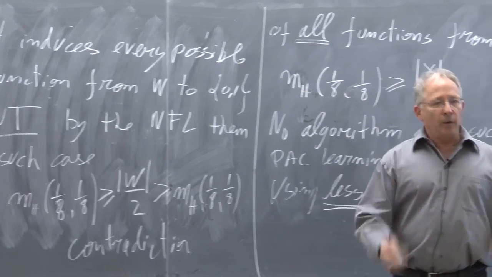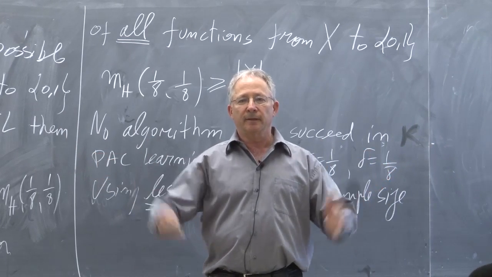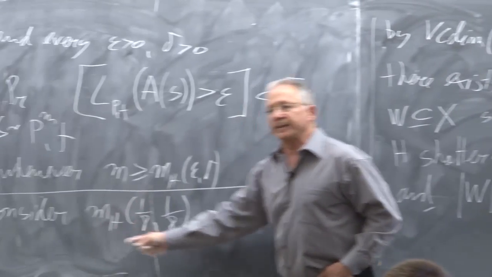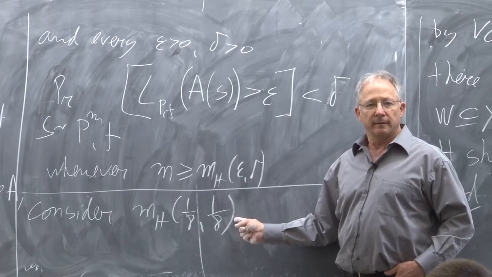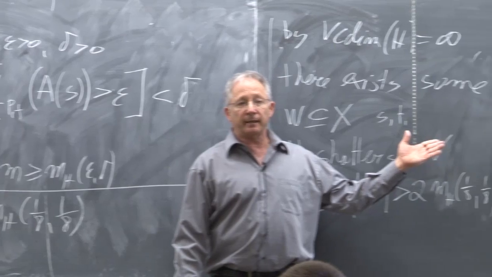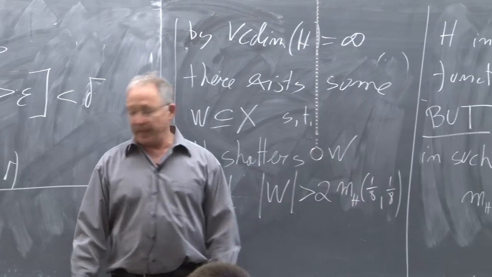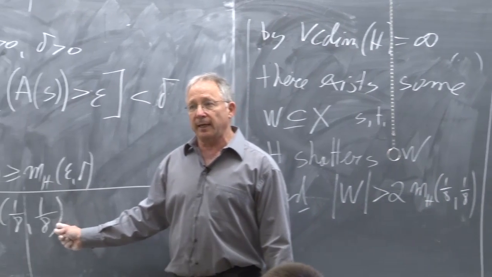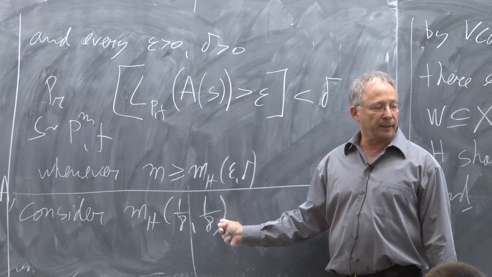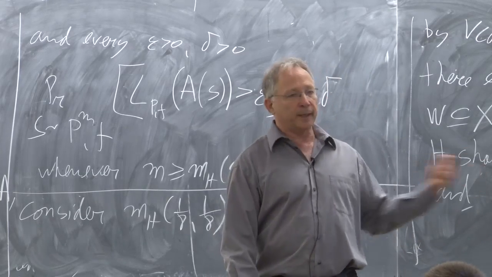Again, the no free lunch theorem tells me if I pick a big enough set, I'll need lots of examples. And if the class was learnable, there was a fixed number of examples that would suffice. But if it has infinite VC dimension, I can pick an arbitrarily big set with all functions allowed on this set. So it violates the claim that with so many examples, my algorithm could learn every function in my class H. So here we saw a connection between the VC dimension and the no free lunch theorem.